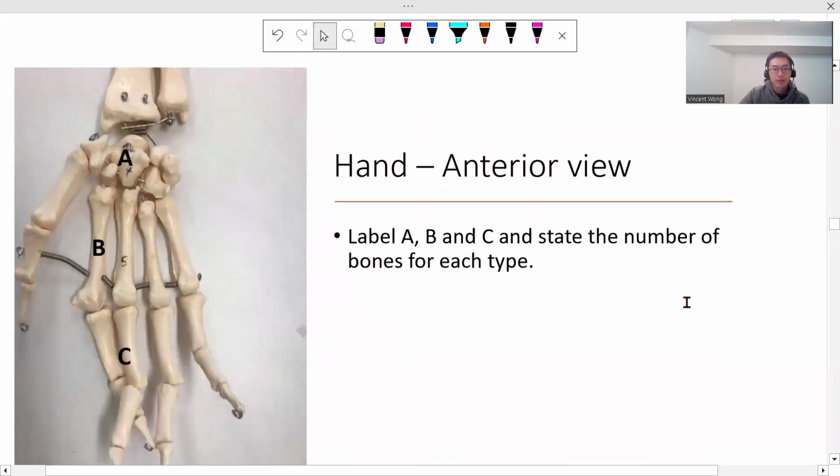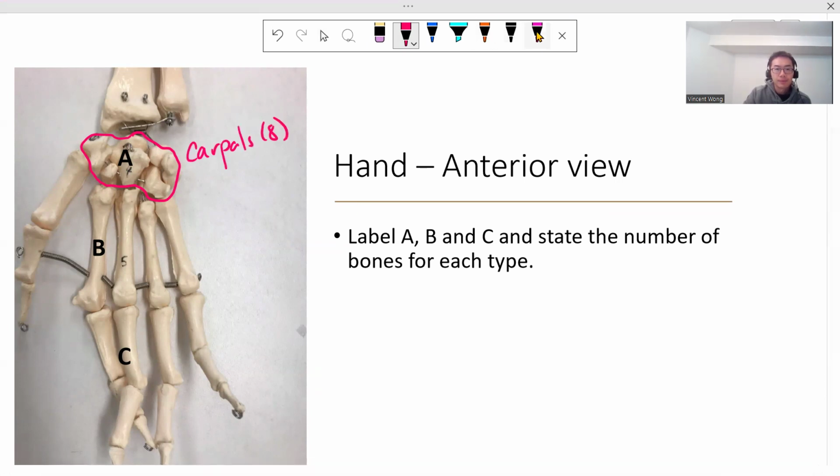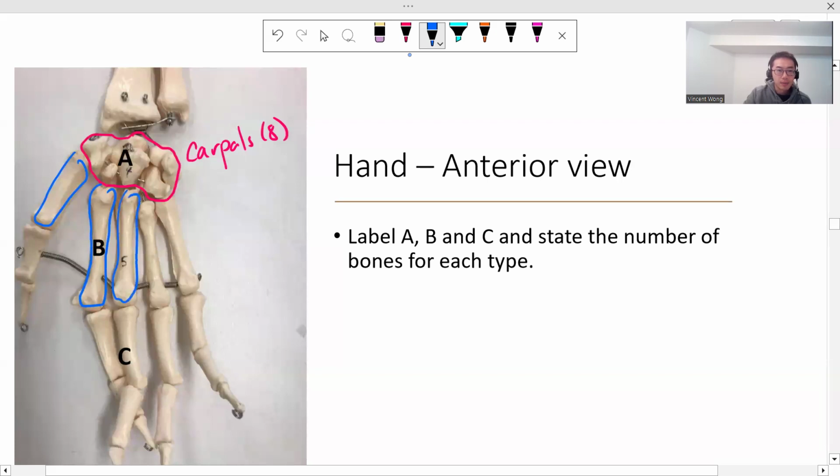Okay, here we go. We have the hand. What do we call these bones? And how many do we have there? 8 carpals. Carpals, that's right. And next we have the hand bones.